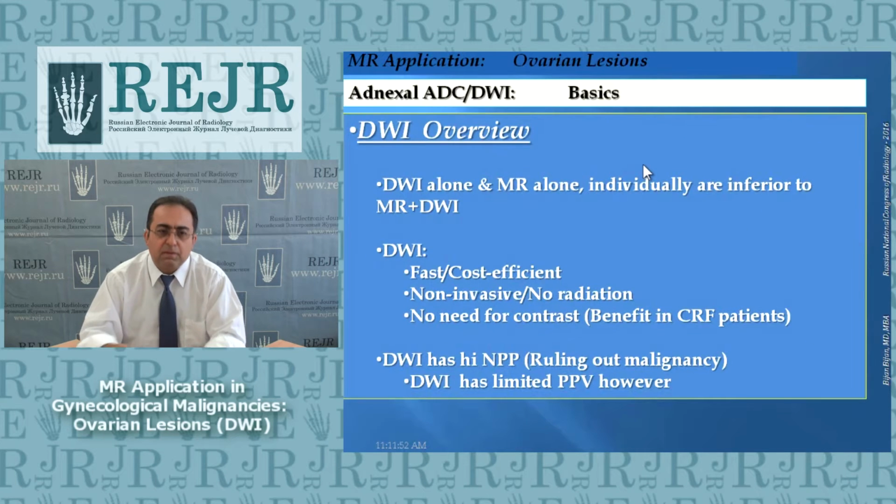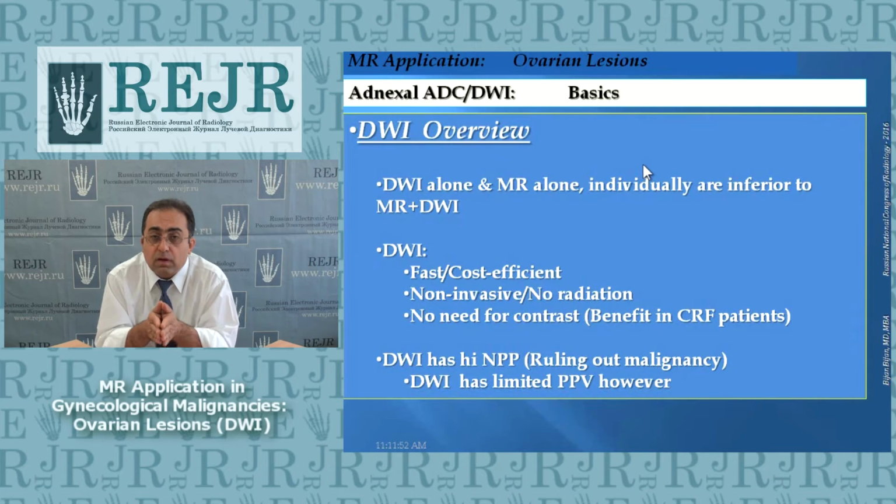Let's talk a little bit about DWI. When you compare DWI alone with MRI alone, and with the DWI incorporated into the MR protocol, clearly MRI with DWI is better than DWI alone and MR alone. DWI is kind of functional imaging, one of the functional parameters that we use for imaging, like PET scan, for example.